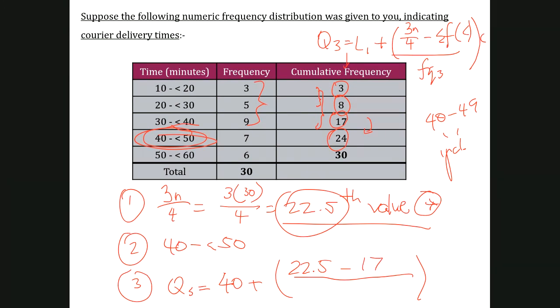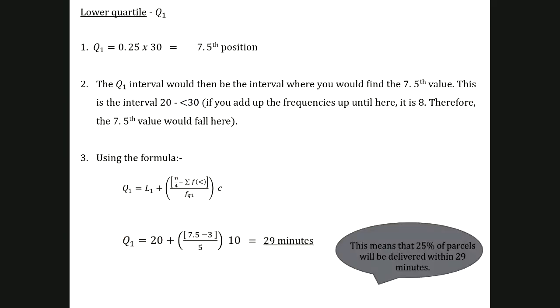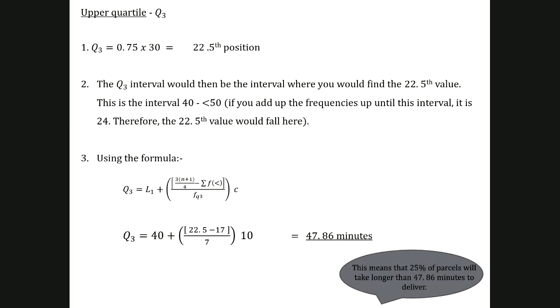And then you have in your denominator the frequency of the group itself. So of the group you selected, its frequency is 7. And your C value would have to be the same. It is 10 because it's 40, 41, 42, 43, 44, 45, 46, 47, 48, 49. So you have everything that goes into calculating the Q3. And as you'll see, your Q3 is 47.86 minutes.